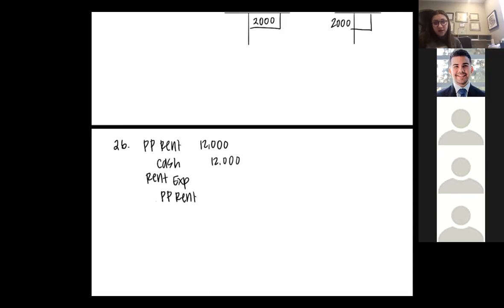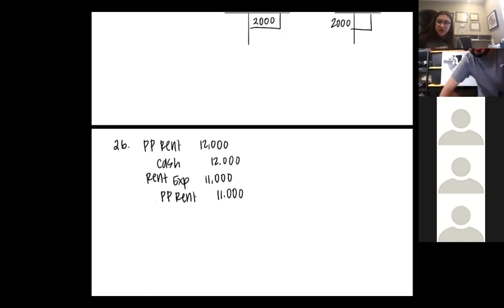You have to expense it by 11. Okay, yeah, you're correct. So expense is 11 and prepaid is 11. They purchased it on February 1st and they used 11 months. Now it's December 31st and now they have to expense 11 months of it. So now in my prepaid rent account, I had a debit balance of 12 and I have a credit balance of 11, which means I have 1 month left to use.